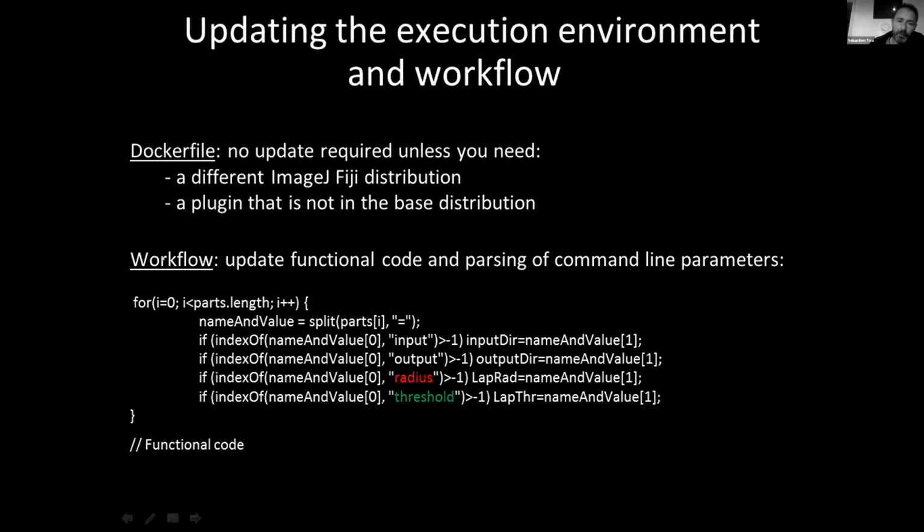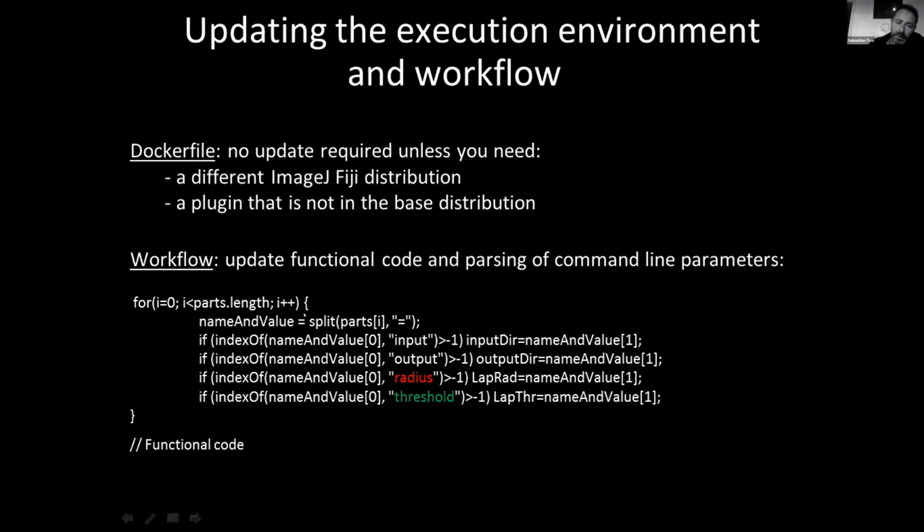Then we will need to modify the macro itself. Here I copied the part of the macro that is parsing the parameters from the command line call. You can find it at the top of the IJM file.